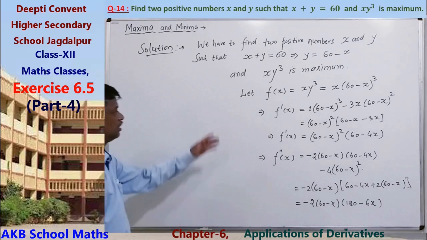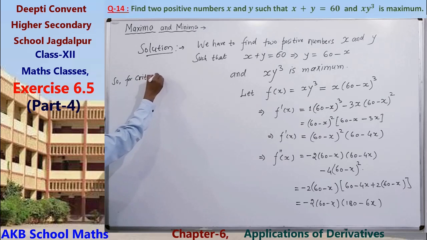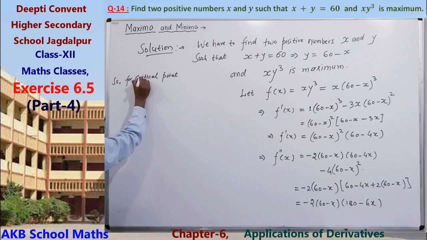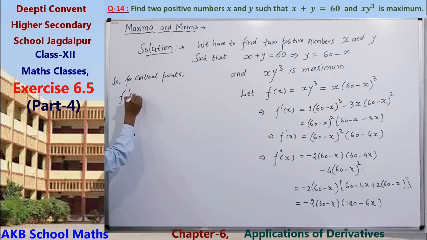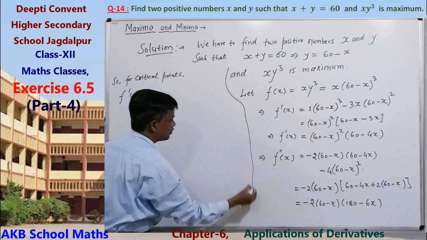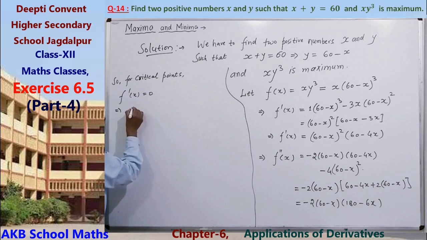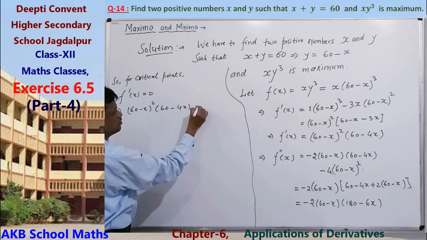Now our process is finding critical points. So for critical points, f'(x) equals 0, which implies f'(x), that is (60 minus x)² times (60 minus 4x), equals 0.